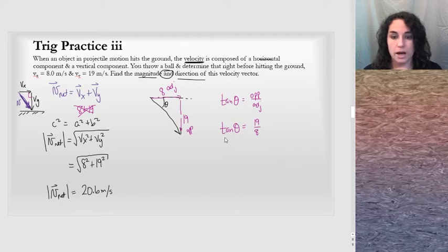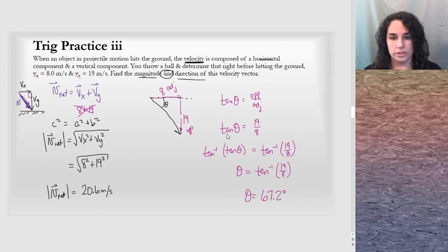I'm going to do the inverse tangent function on both sides, which will allow me to bring out just the theta, right? I'm undoing these two functions and theta remains, and I get the inverse tan of 19 over 8. When you plug this into your calculator, you will get a value of 67.2 degrees.